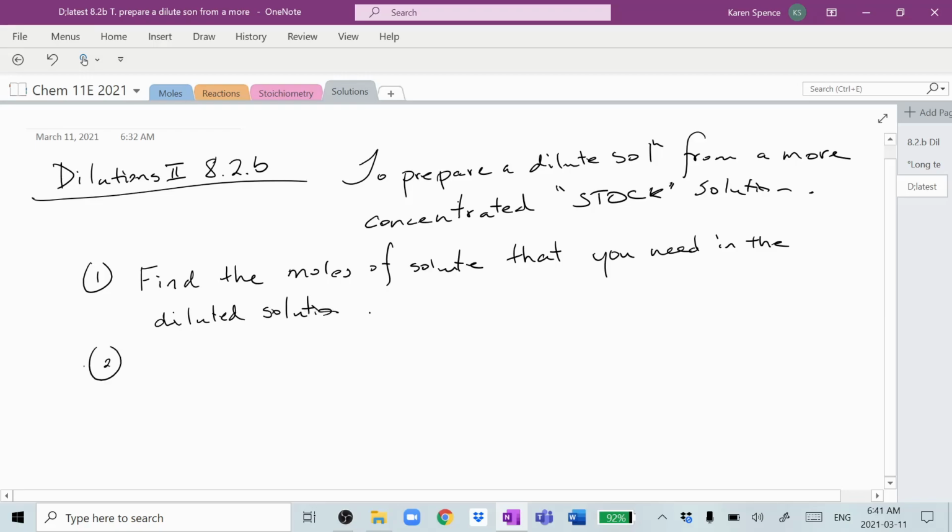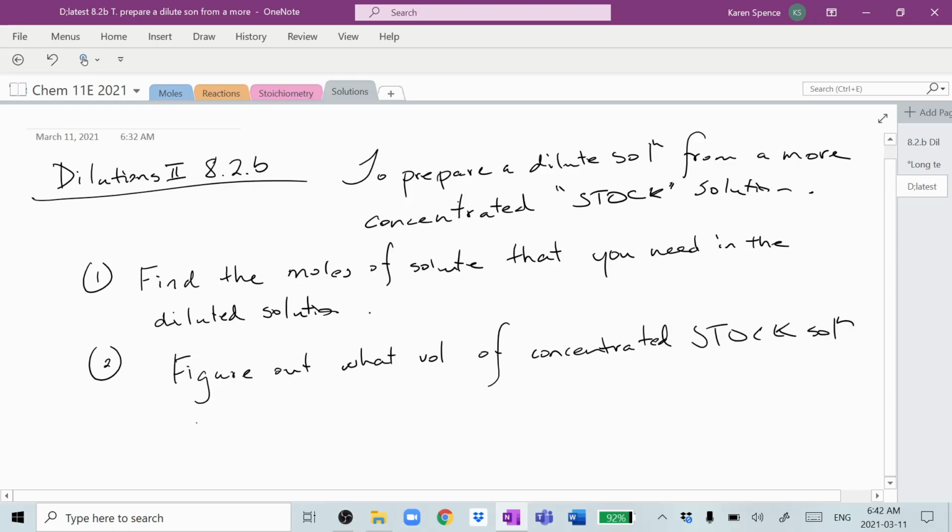And then you're going to say, okay, I want that many moles in this diluted solution. What volume of that concentrated solution contains that many moles? So you're going to figure out what volume of the concentrated stock solution contains that many moles.